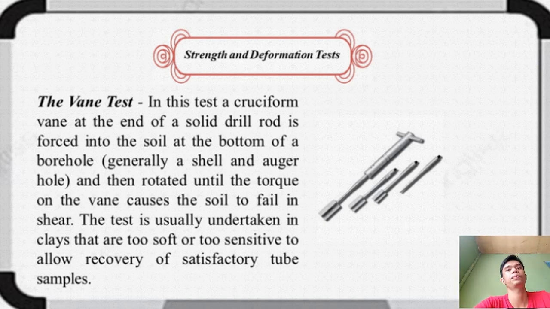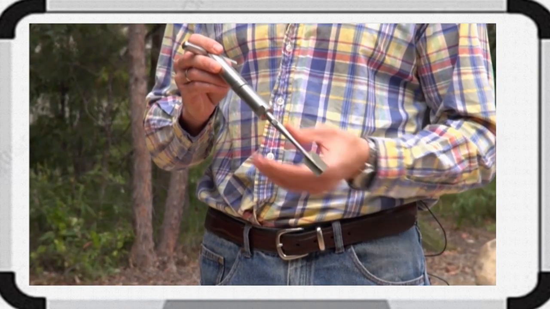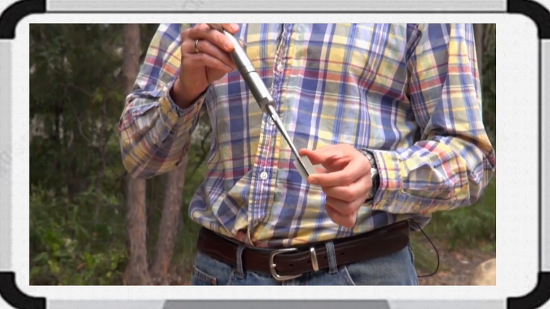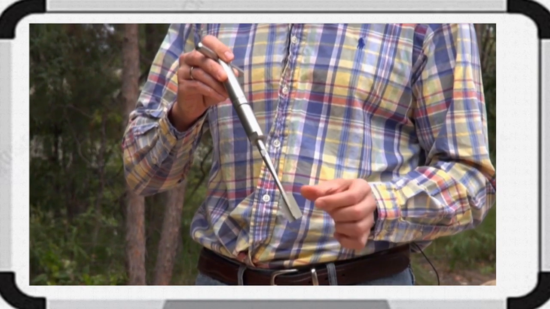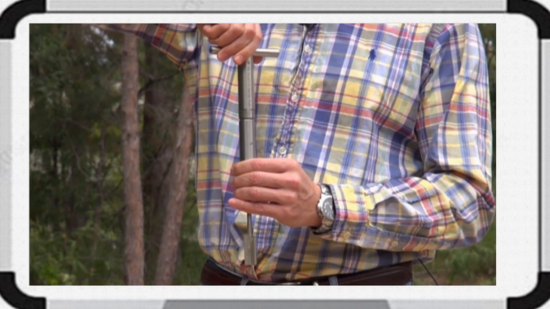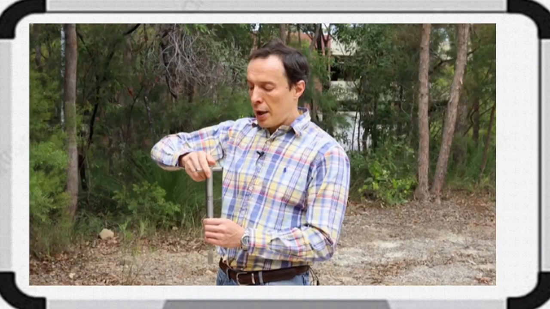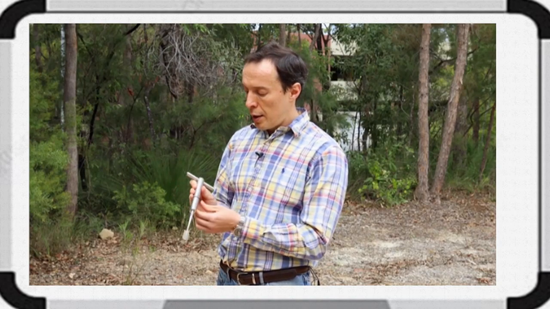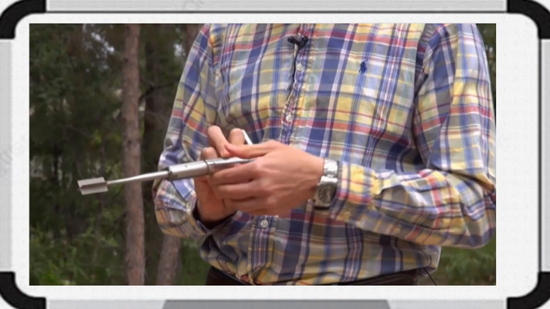So this is the vane shear test. We use it for soft material like soft clay. The way it works is we insert blades inside the soil until here, and then we turn this vane shear apparatus and see how much strength the soil has. We use a scale.